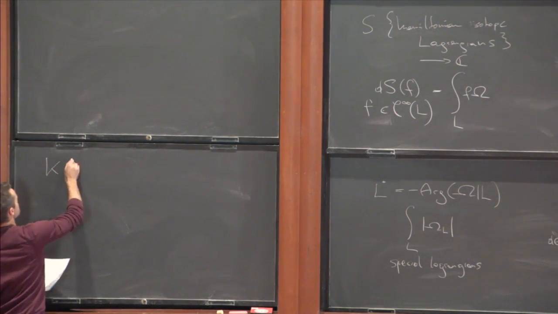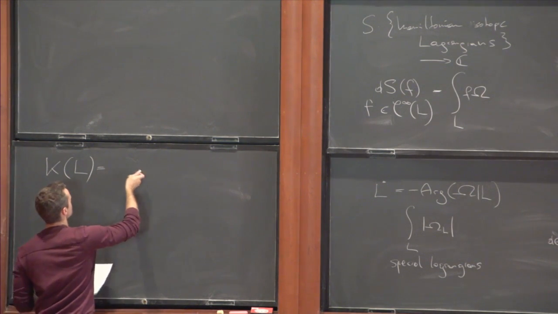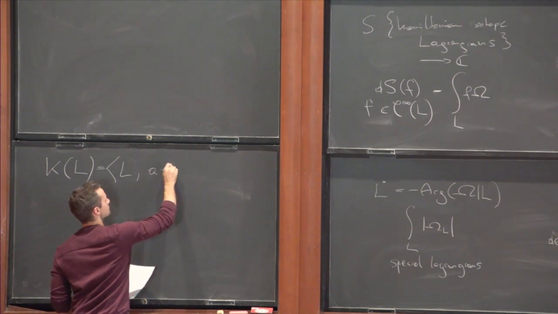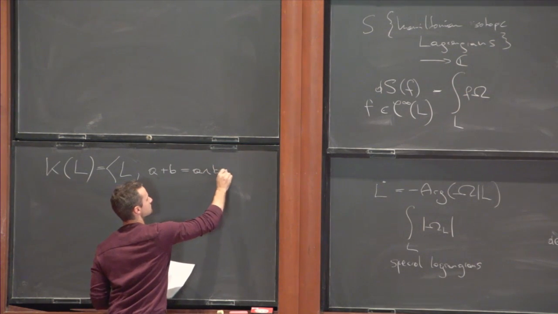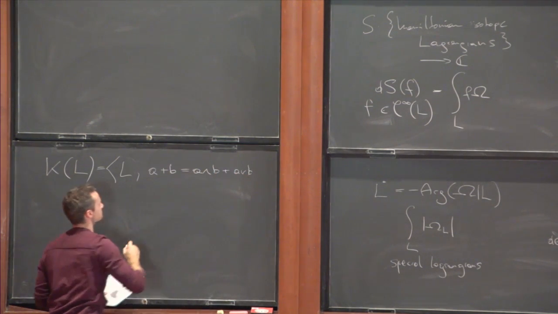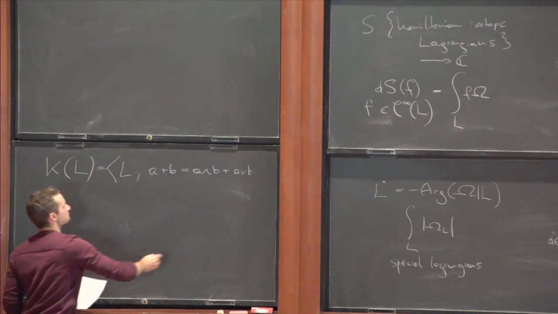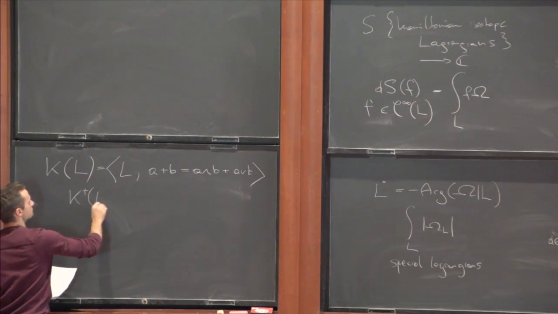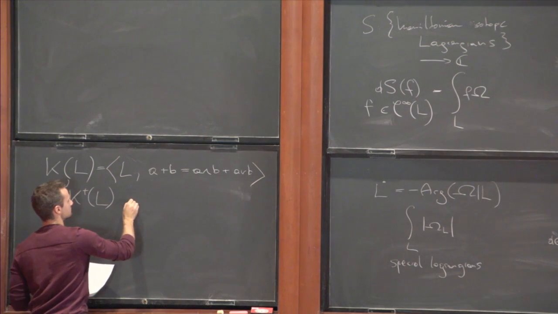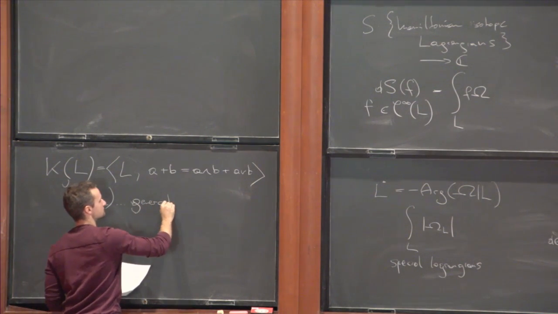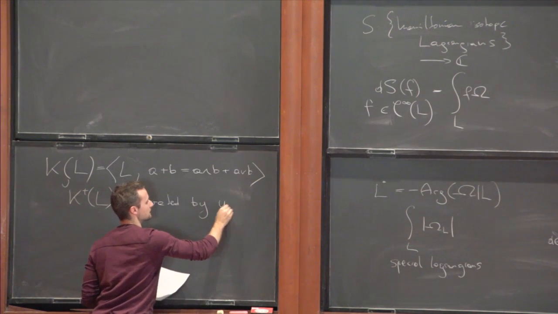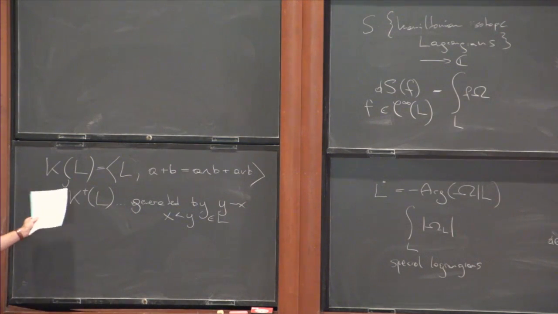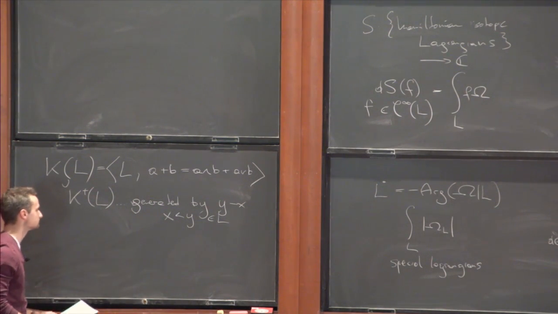There's a K group of the lattice, which will be the group generated by L, with the relation coming from the inclusion-exclusion principle: A plus B is A meet B plus A join B. It contains a positive semigroup generated by intervals, so by y minus x for x less than y in L. You think of this like the K group of your category, and these are like classes of objects.